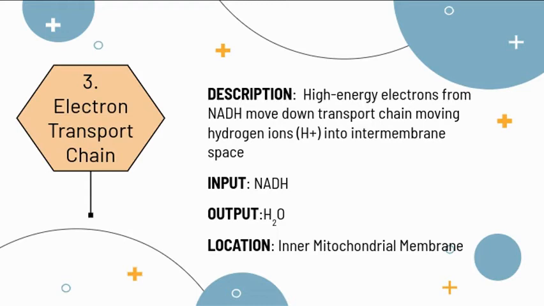The electron transport chain uses the electrons from glycolysis and the Krebs cycle to synthesize ATP from ADP. So remember, our input is NADH. Our output for the electron transport chain portion is water. And the electron transport chain portion of our last 2 stages occurs in the inner mitochondrial membrane.